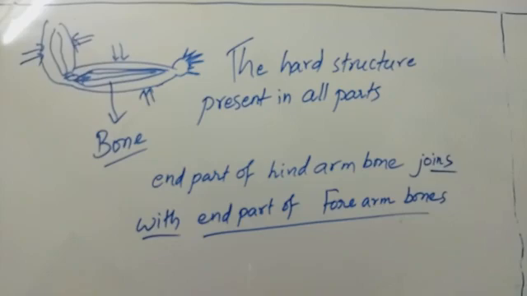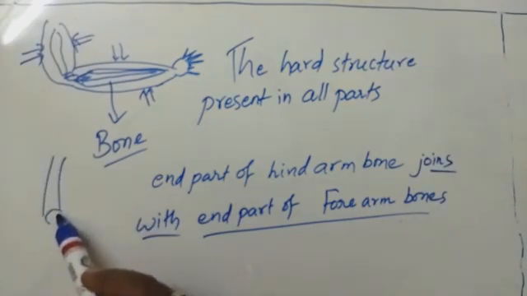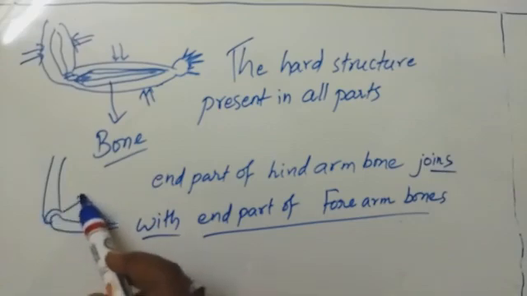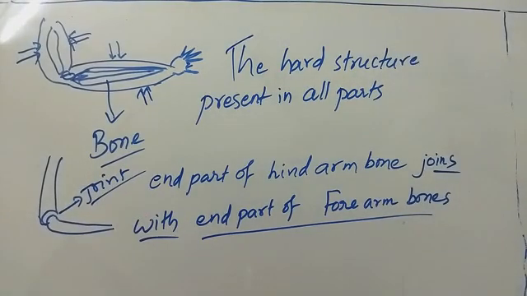So at joints, one bone's end part joins with another bone's end part, like this. So this is a joint. Got my point? Right?